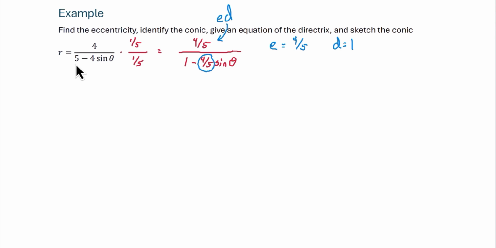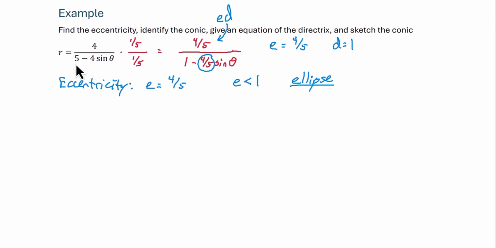So we have eccentricity e is 4/5, and since e is less than 1, we can say that this must be an ellipse. When the eccentricity is less than 1, we're always going to be dealing with an ellipse.